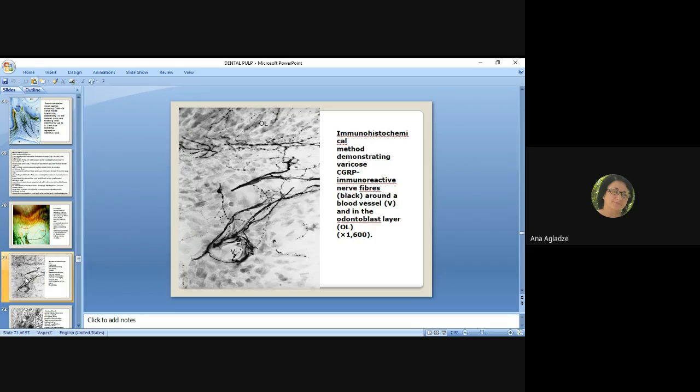You know, the paracrine is when the cell releases a factor, growth factor, or other signaling molecules, and it acts only on very close located cells. And also there are the slow A delta fibers. They are polymodal, have a conduction speed from 2 to 10 milliseconds, and they reach the odontoblasts and fibroblasts, and they do not penetrate the dentinal tubules.